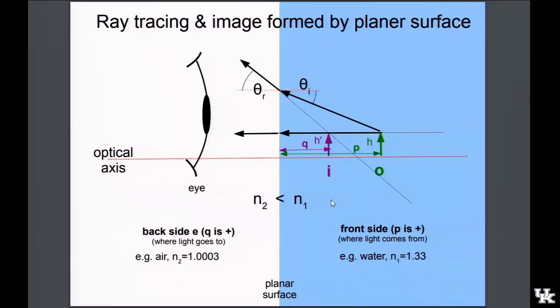So the simple one is this ray here, this horizontal ray here. It's going parallel to the optical axis. It strikes the boundary between the two media, between the water and the air, at an incident angle of 0 degrees. So the incident angle is 0 degrees.